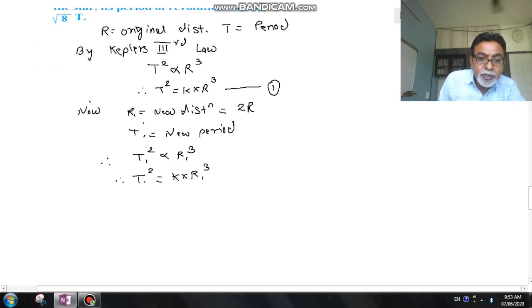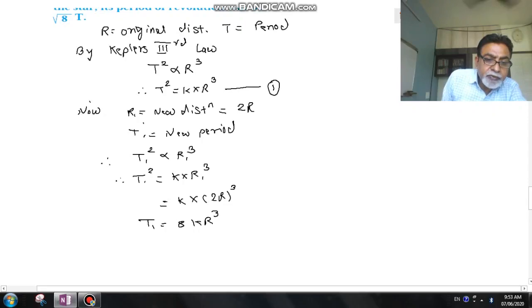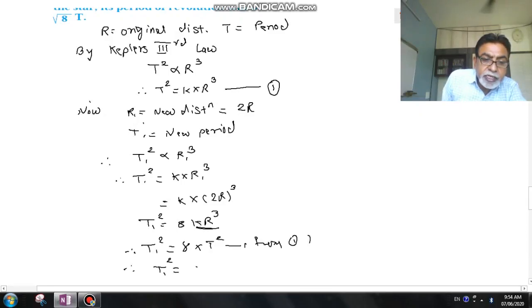Okay, but what is given to us? r1 is equal to 2r, so 2r bracket cube, and we will get 8k r cube. Therefore t1 square is equal to 8 into, look at here, this factor k r cube is equal to t square from equation 1, and therefore we get t1 square is equal to 8 t square.